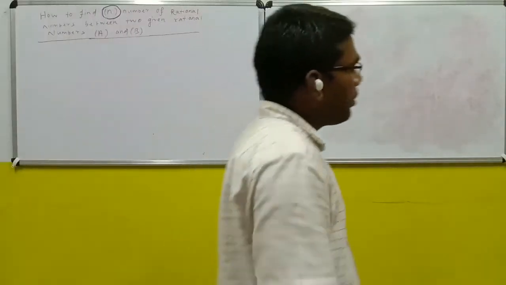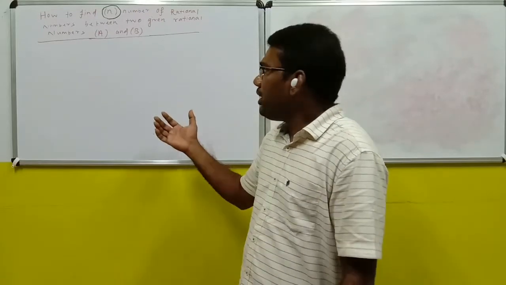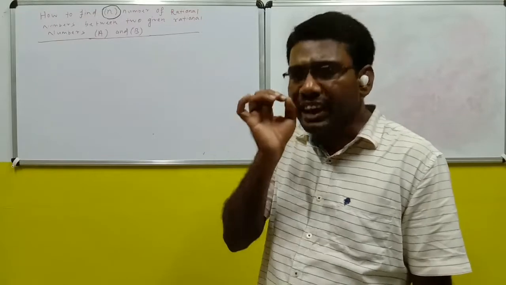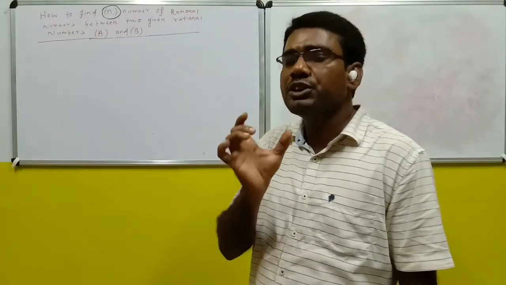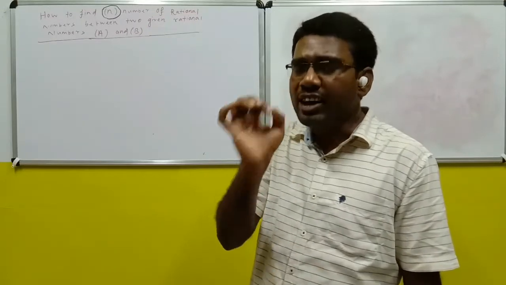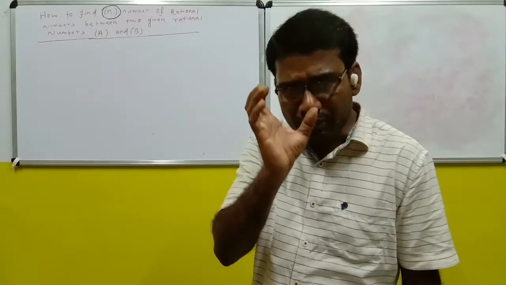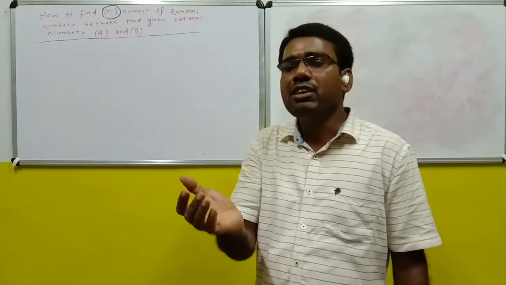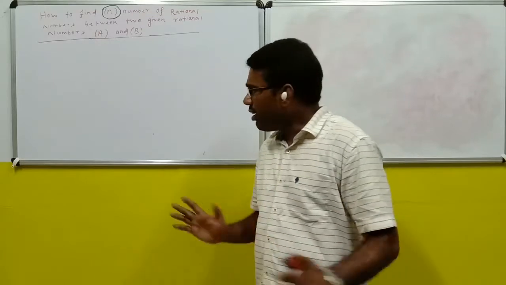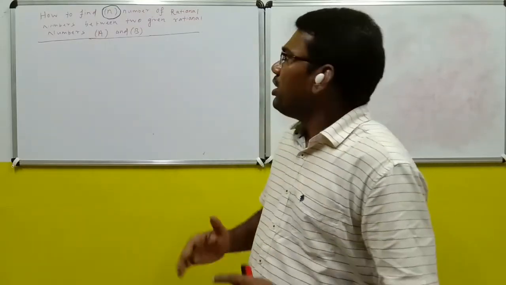Friends, I am telling you again that what we have just discussed is case one of method three, where your given rational numbers are like and also consecutive. Like means they have the same denominator and consecutive means one will be the next of the other. So already we have discussed case one.